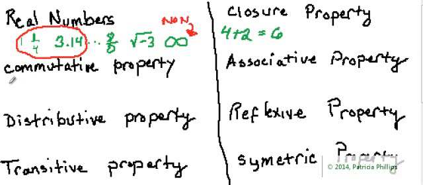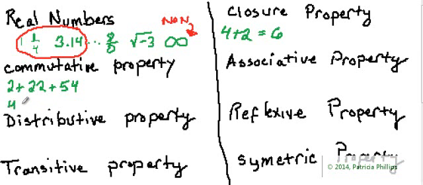So basically, we all know that if you add 2 plus 22 plus 54, that you will get the same answer no matter what order these numbers are in. And the same thing with multiplication.